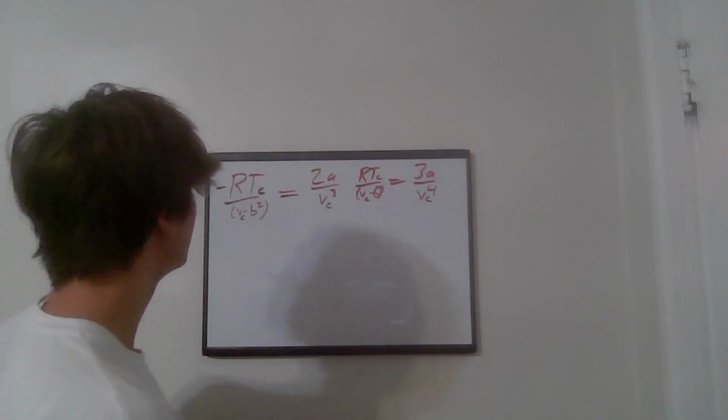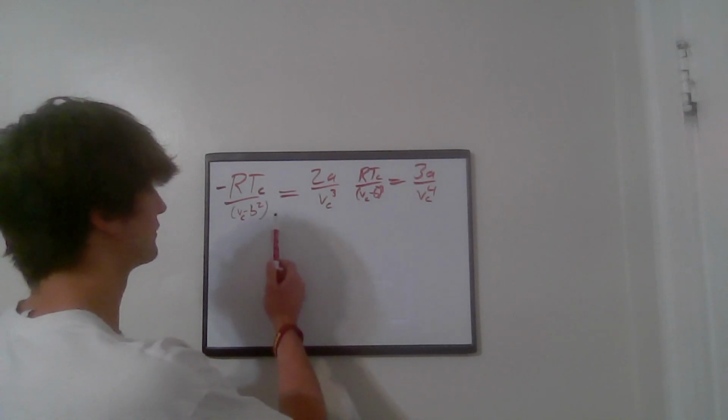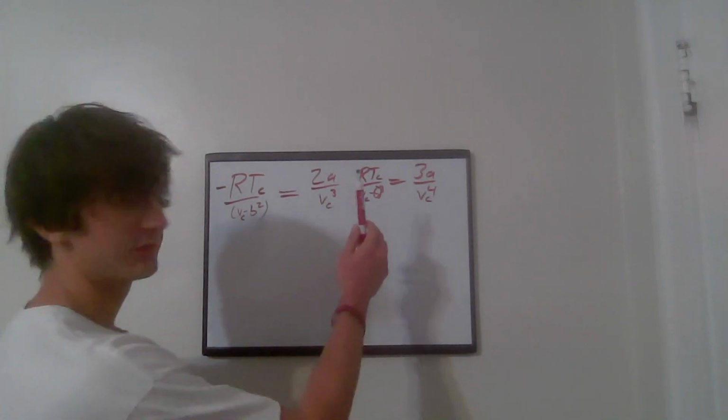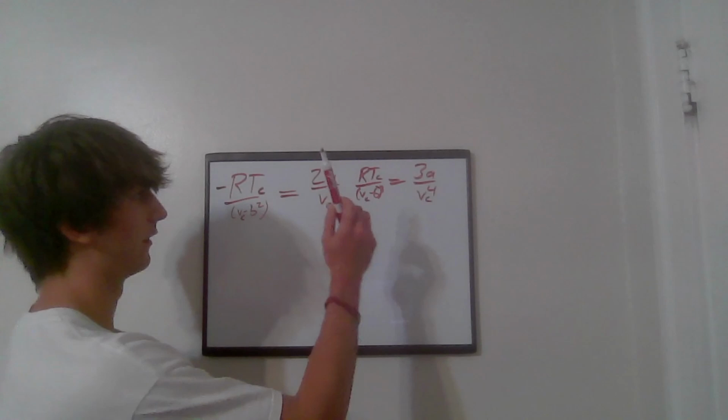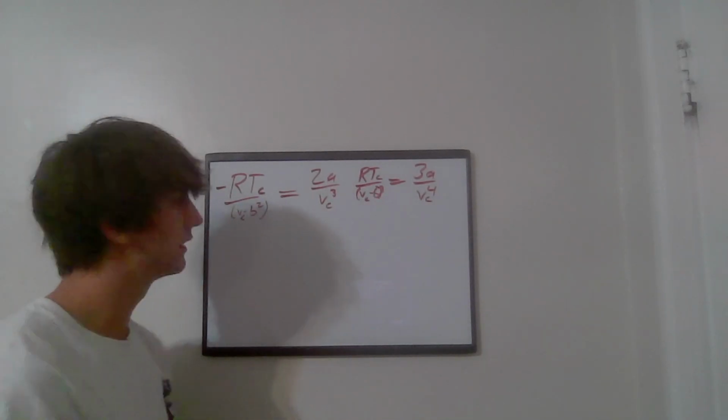So now what we can do is take our first derivative and multiply by the reciprocal of our second derivative so we can solve for b.